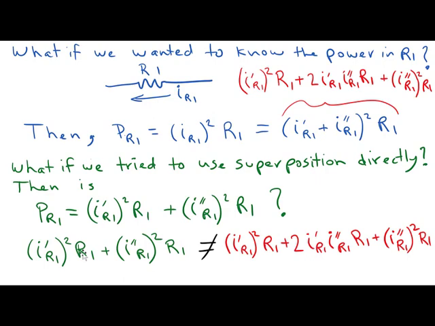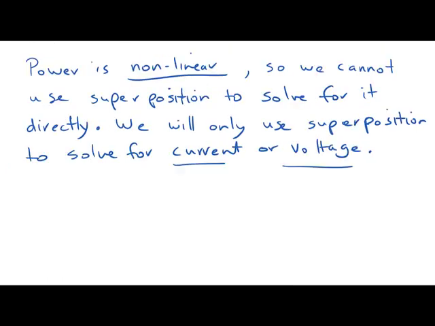On the left-hand side, if we used superposition directly, we have the expression as shown, but we see that it's not equal to the expression on the right because we have an extra term. This term is present in the correct solution. So this is demonstrating that we cannot use superposition to find the power directly. So power is nonlinear, so we cannot use superposition to solve for it. We will only use superposition to solve for current or voltage in this course.